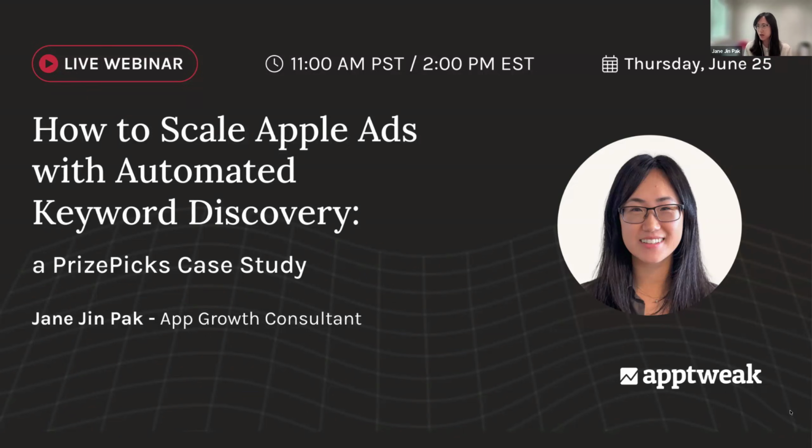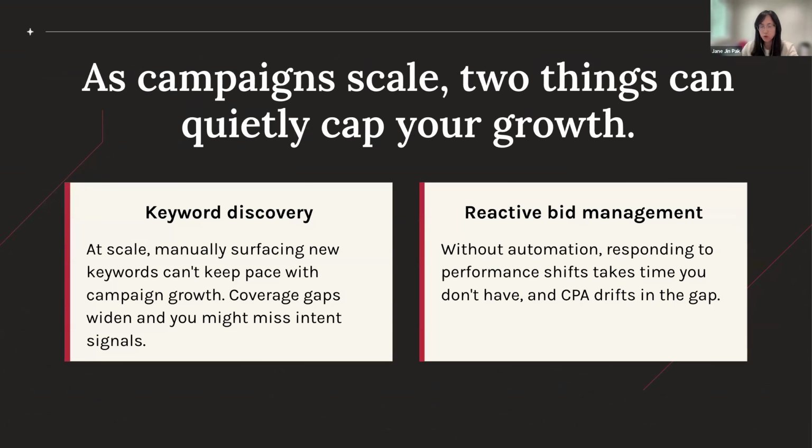All right, so we're here to talk about scaling Apple Ads with automations and keyword discovery. In my experience, when you try to scale campaigns, there's typically two things that come up time and time again, not only in my experience, but also in speaking with clients, that act as a bit of a blocker.